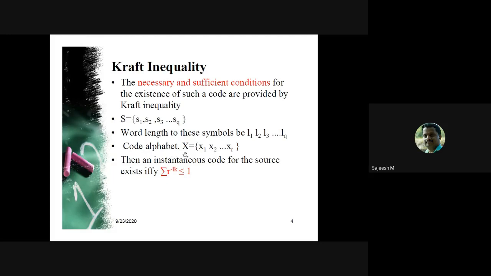Anyway, here the code alphabet consists of R symbols, x1, x2, ..., xR. That is, the final code word will be a sequence of these symbols. Here S is the source alphabet, and L1, L2, ..., LQ are the lengths of the code words of each symbol.